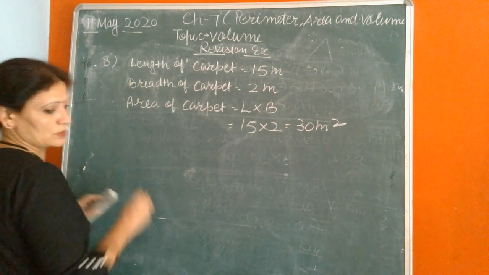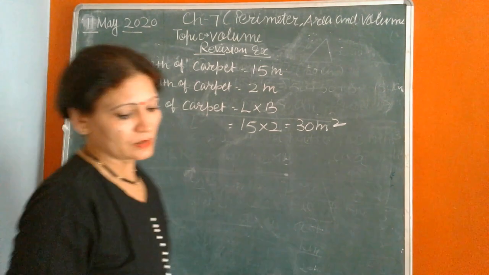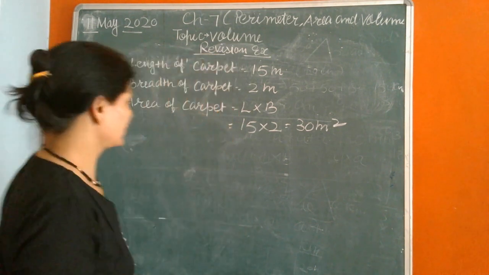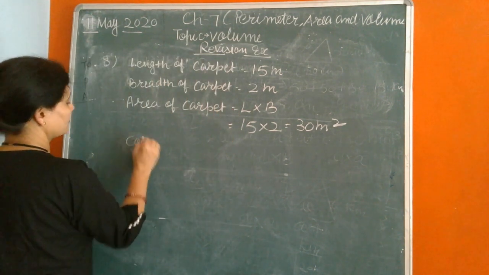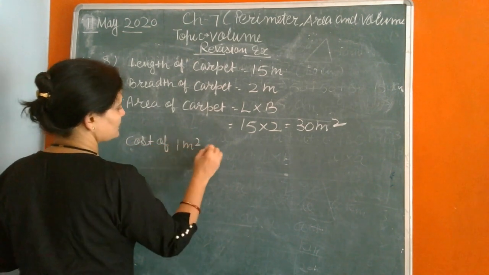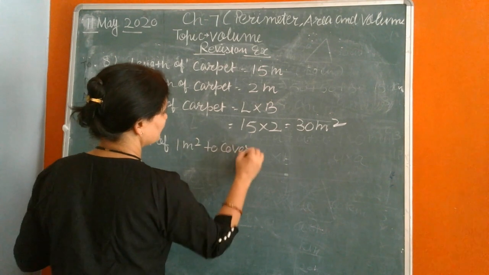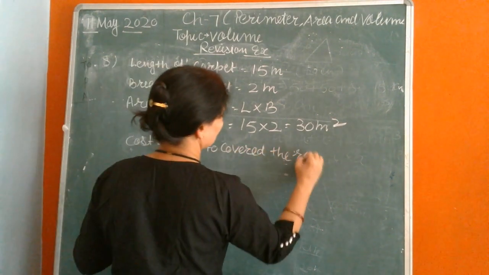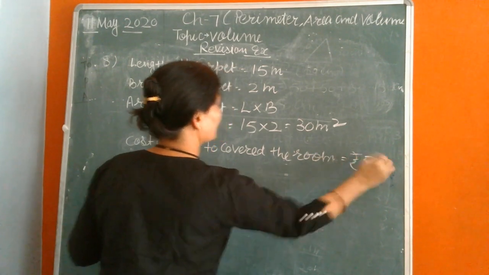Now the cost to cover with the carpet. Cost of 1 square meter to cover the room is 5 rupees.